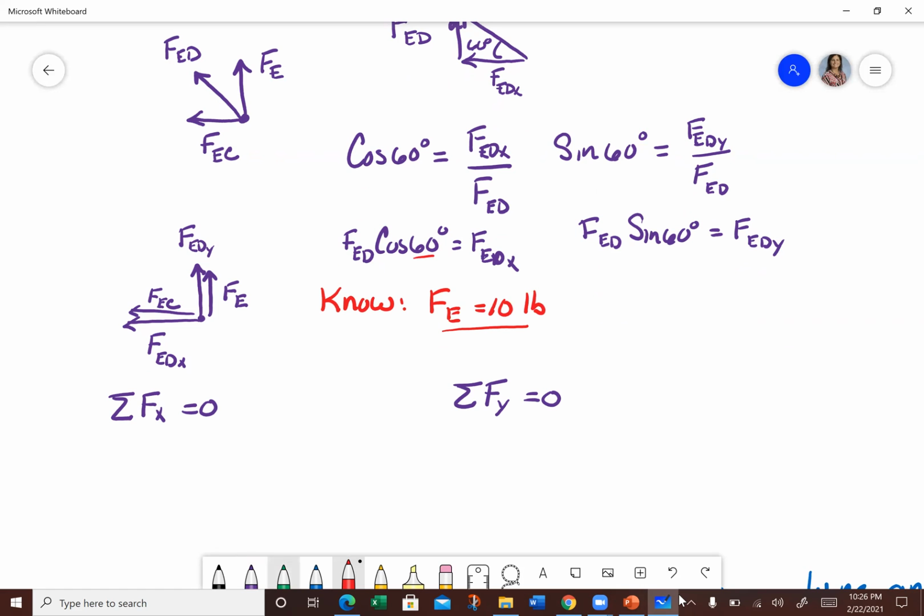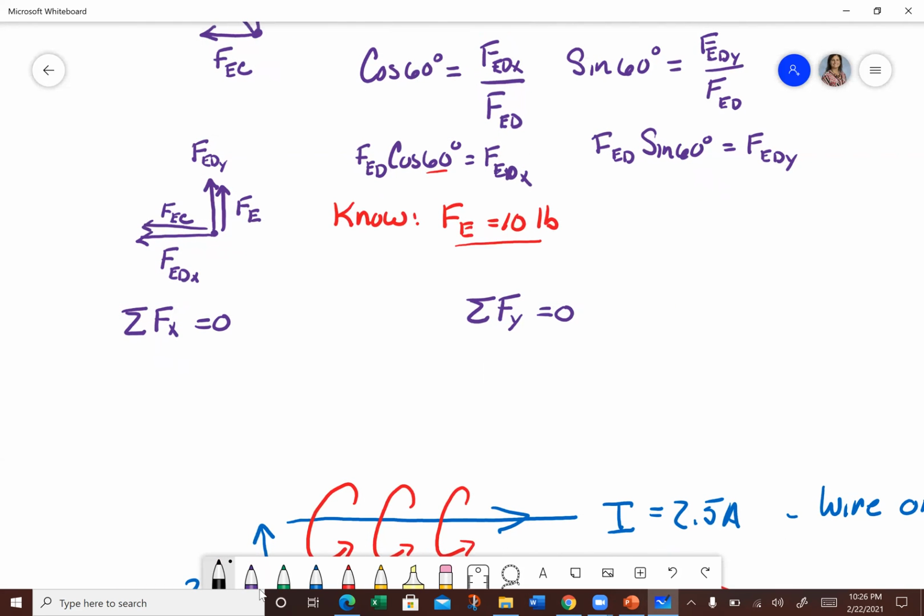So let's take a look at the X direction. I didn't even realize I'm on a different whiteboard here. All right, we'll try to squeeze this in. In the X direction, we would have FEC minus FEDX equal to 0, since they're both going in the negative.